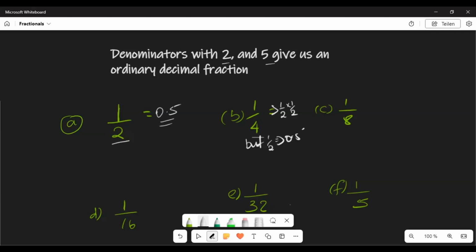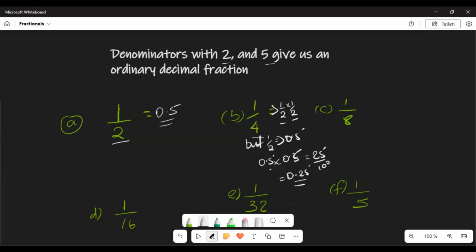So 1/2 times 1/2 is similar to 0.5 times 0.5. And we know 5 times 5 gives us 25. So then we have 2 decimal places, so over 100, that gives us 0.25. So that's how you do it.